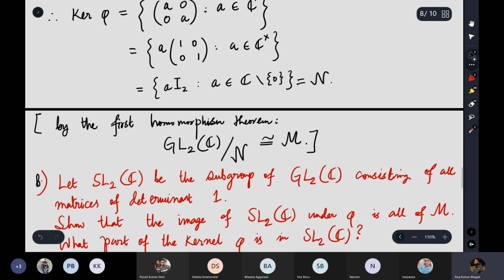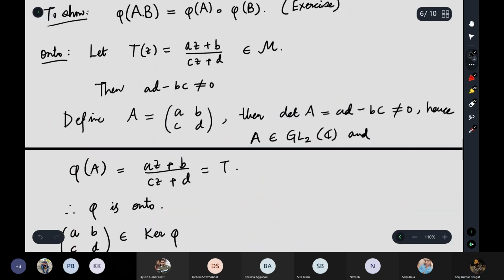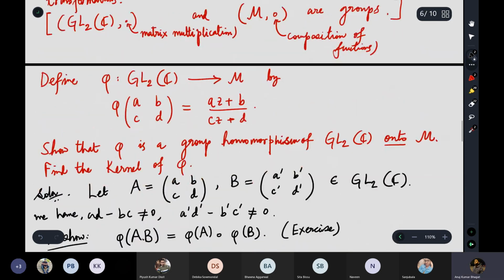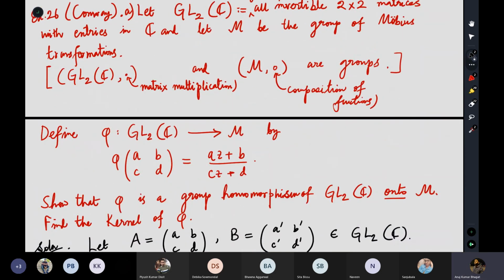So what is the first part of the question? You are defining phi from GL2C to M. What is the second part? That instead of taking GL2C, even if you are taking SL2C here, then also it's fine. Nothing will change. This map will still be onto, and this will still be a homomorphism.